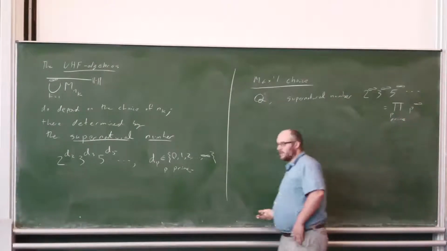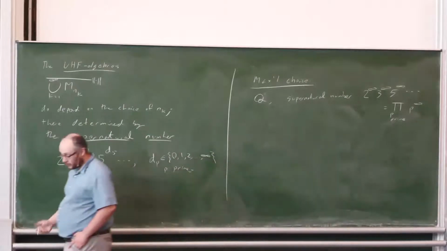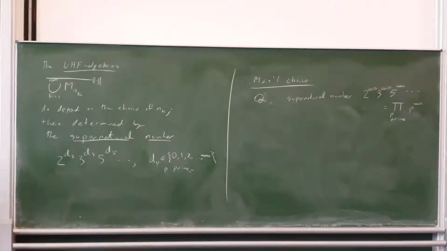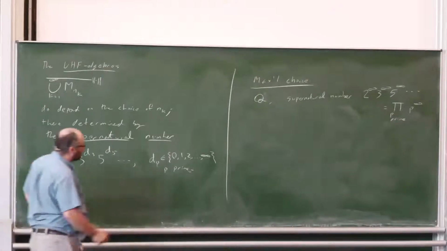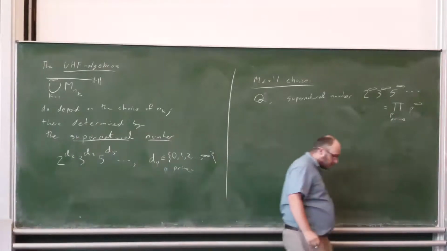So it's maximal in the sense that all the UHF algebras will embed into it. And by construction, it's also a dense subalgebra of R, and will share quite a few properties with R.